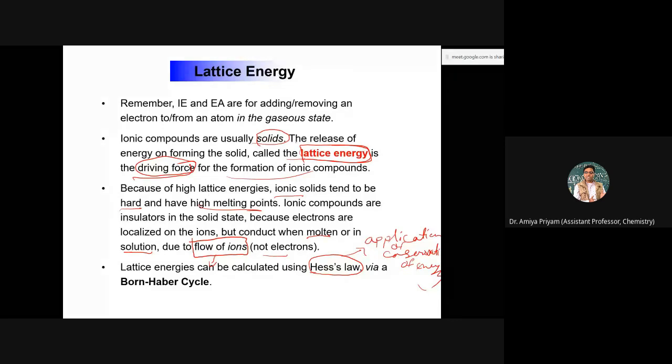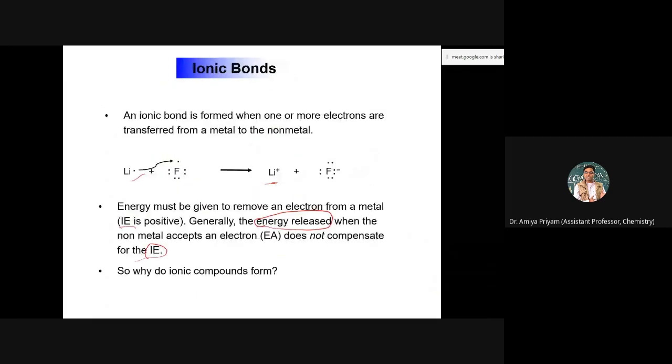evaluate this lattice energy. So the lattice energy we are talking about is when you have 1 mole of, here we have taken the example of Li plus, 1 mole of Li plus in gaseous state and 1 mole of fluoride in gaseous state, and then they together form LiF in solid.